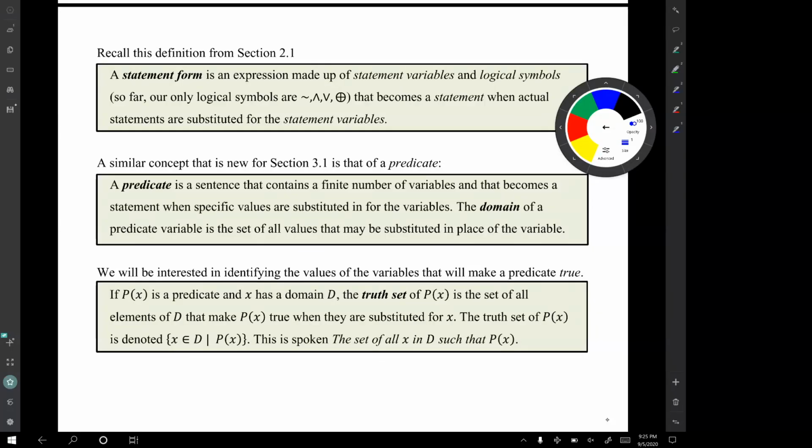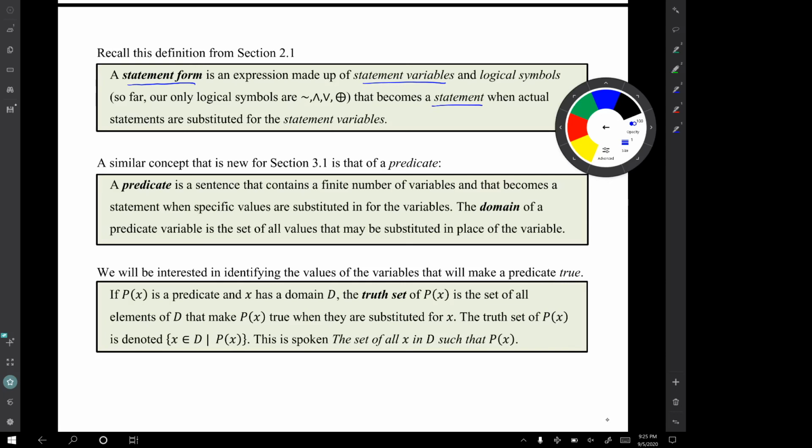Another thing to recall is more recent from section 2.1. That's the idea of a statement form. It's an expression made up of statement variables and logical symbols, and it becomes a statement when actual statements are substituted in for the statement variables. So remember what a statement variable is.